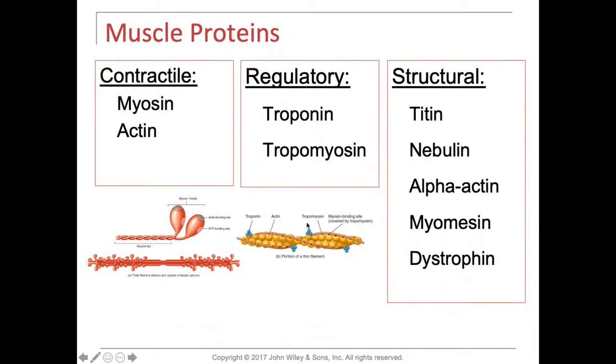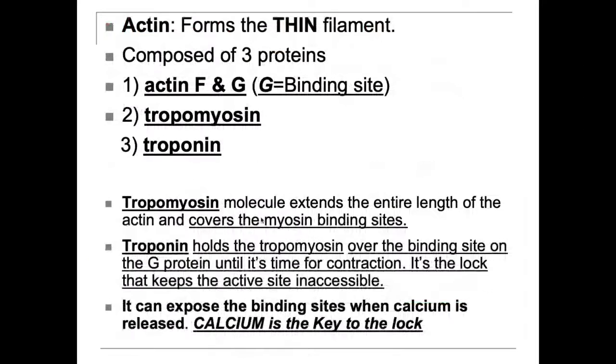So we have to have something that comes in to remove the staples, right? Troponin are the staples that are holding tropomyosin down. We need something to come in, remove the troponin, so that the tropomyosin shifts and moves out of the way so that these binding sites become exposed so that myosin can attach to it.